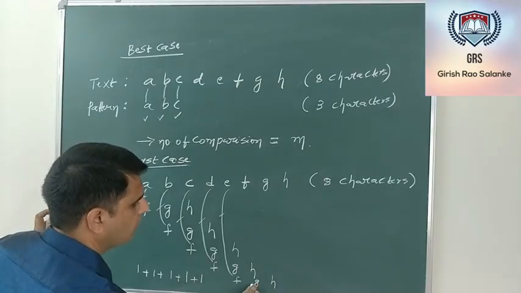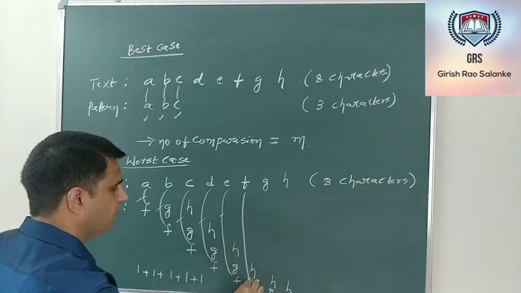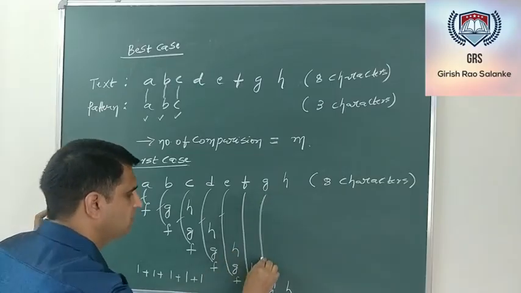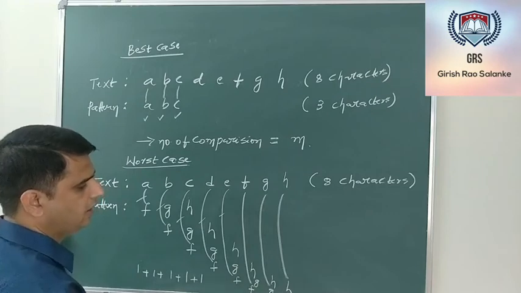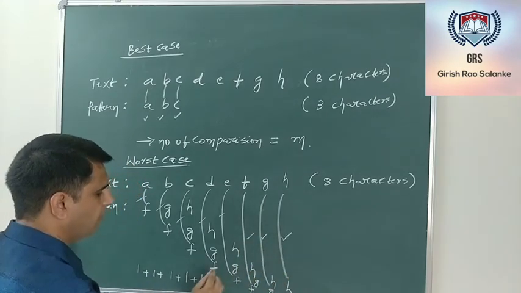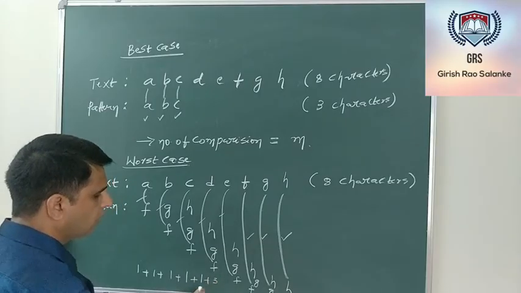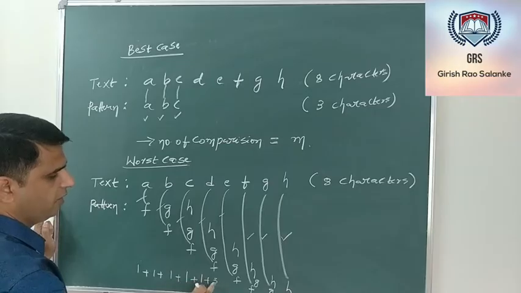Next I move to its right side, F, G, H. Now I compare F with F, it matches. G with G, it matches. H with H, it matches. So there's a match here, a match here, a match here. The number of comparisons is 3. So the total number of comparisons that I have done is 3 plus 2, 5, 5 plus 3, 8.